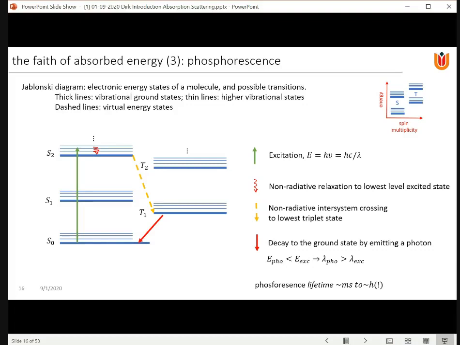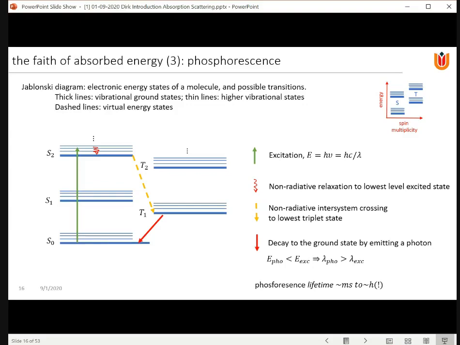So what happens here is that again, we start with a photon that excites to a higher state. There is some non-radiative relaxation to the vibrational ground state, and then instead of decaying further within the singlet state, we now have some energy coupling, so-called intersystem crossing, to a lower triplet state.